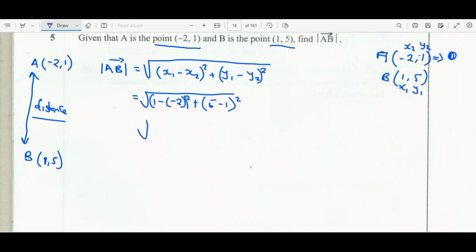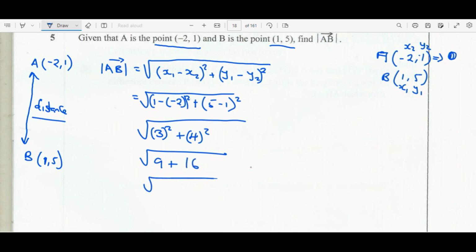So we're going to have 3 raised to the power 2 plus 4 raised to the power 2. So it is 9 plus 16. 9 plus 16 is 25.